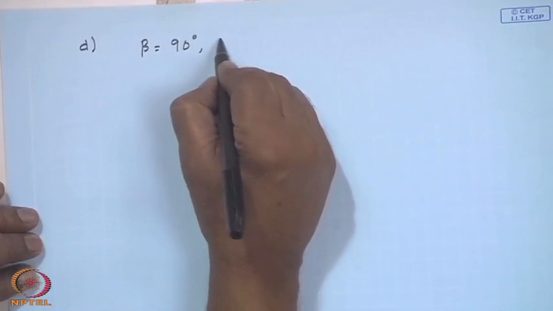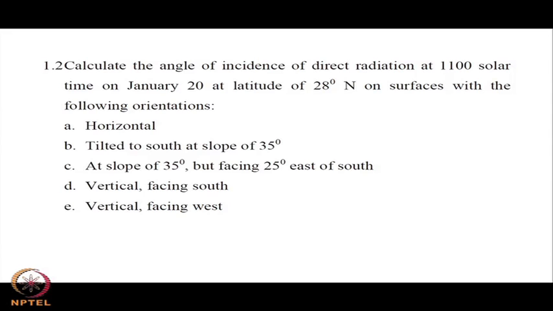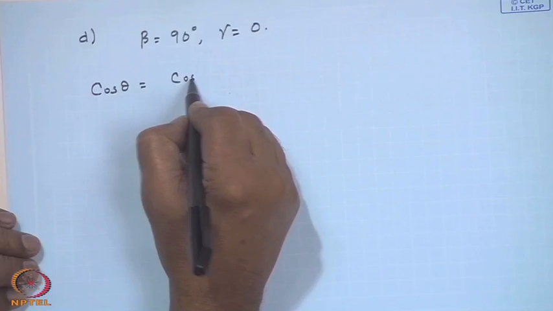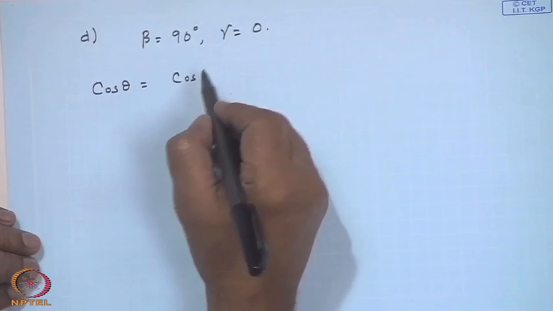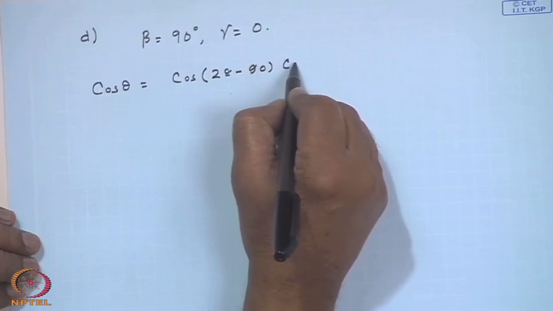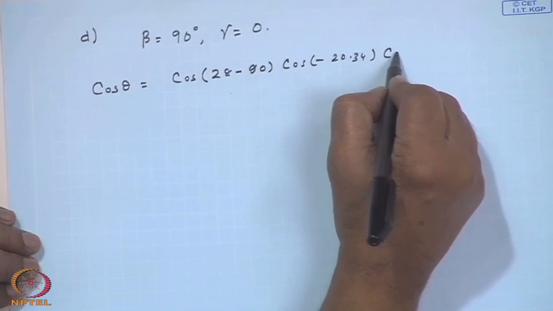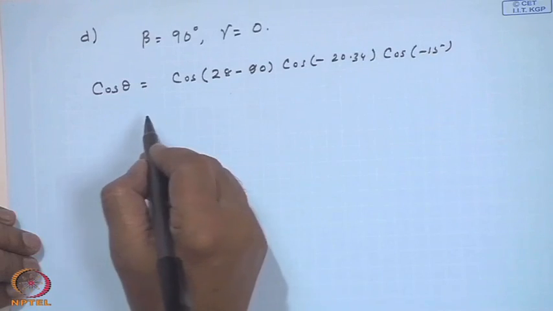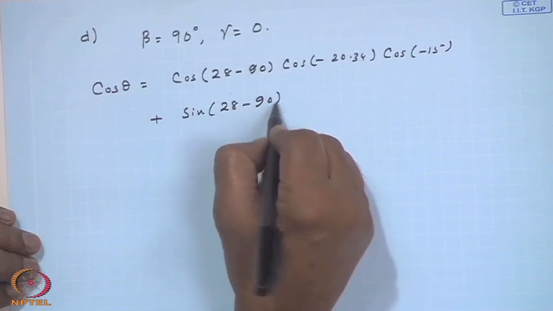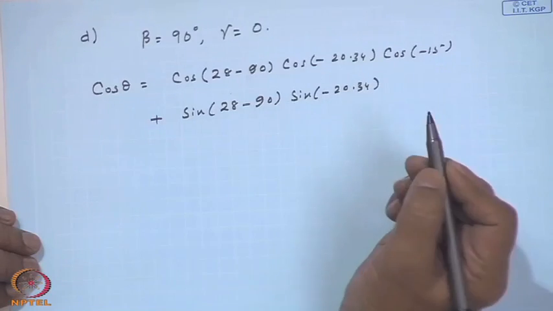Beta is 90 degrees, gamma is equal to 0, and because gamma is equal to 0, I have a simpler expression: cos theta equal to cos(phi minus beta) cos delta times cos omega plus sin(phi minus beta) times sin delta. That is all.